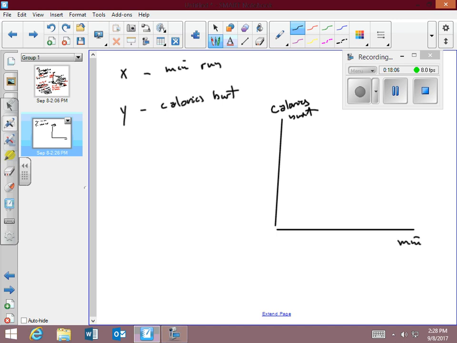What will be the units for slope? Rise is going to be in terms of what? Calories burnt, and run is going to be in terms of minutes. Is there something in that problem that tells you calories burnt per minute? Which one is it? 14, right? So what would you say that 14 calories per minute would represent?